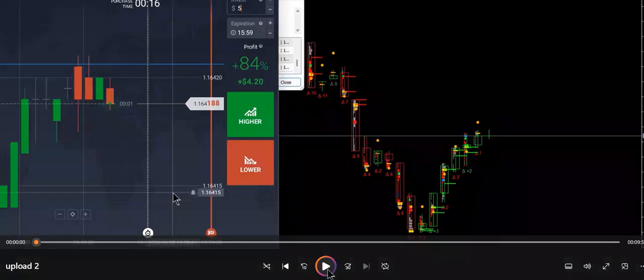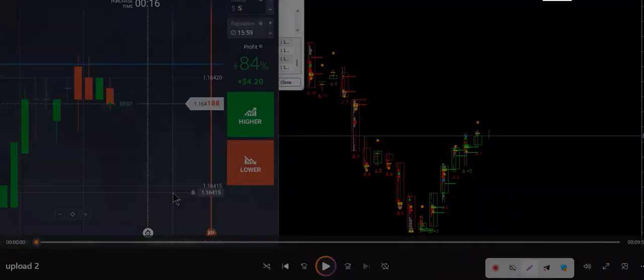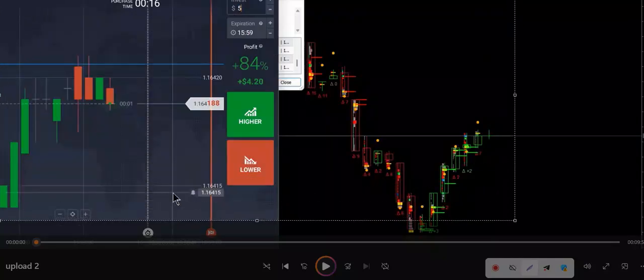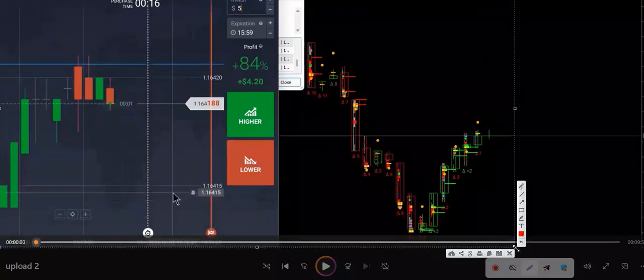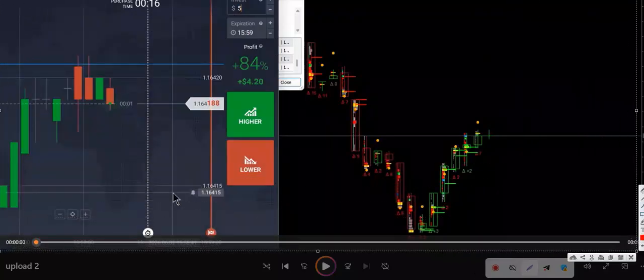And this is the way how to use this first indicator. And this is the way how to trade using the Vajorge. Okay.